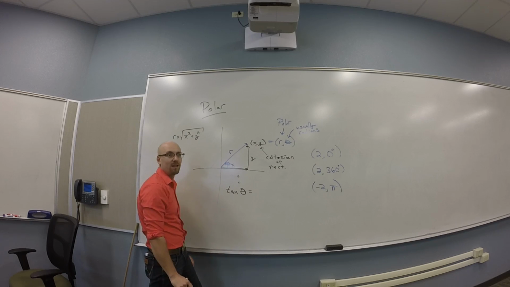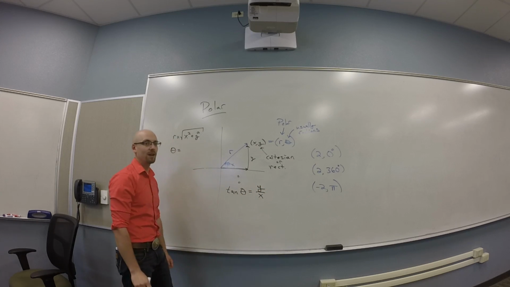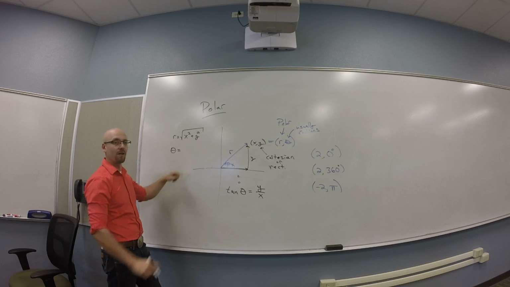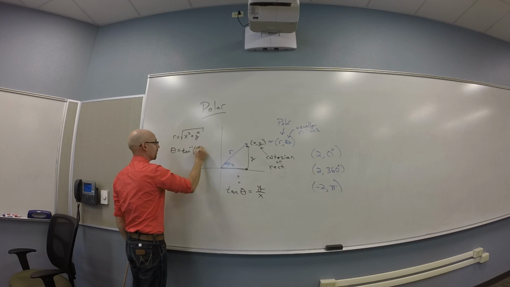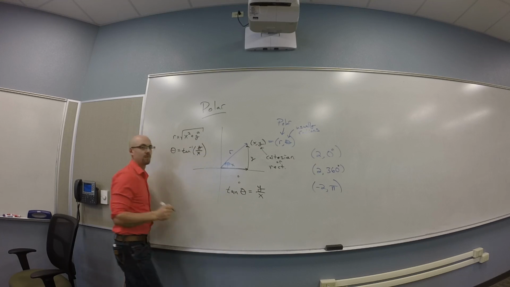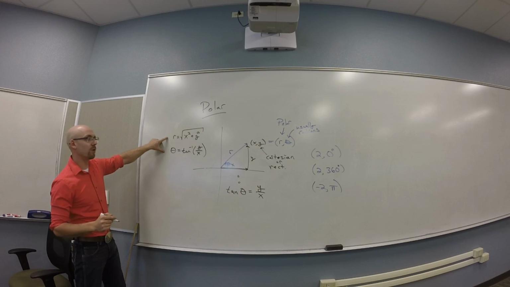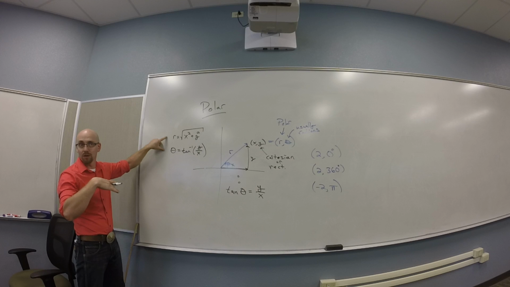Y over x, the opposite over the adjacent, right? So theta should be the inverse tangent of y over x. Perfect, arctangent of y over x. You guys good with those? Okay, so these two are the rectangular to polar coordinate conversions.